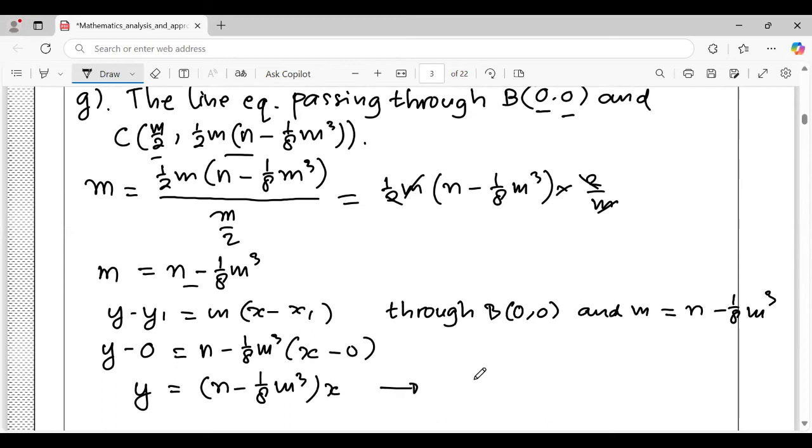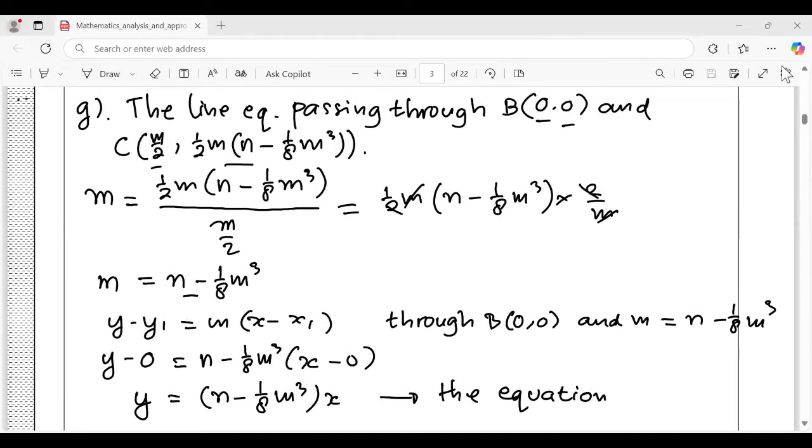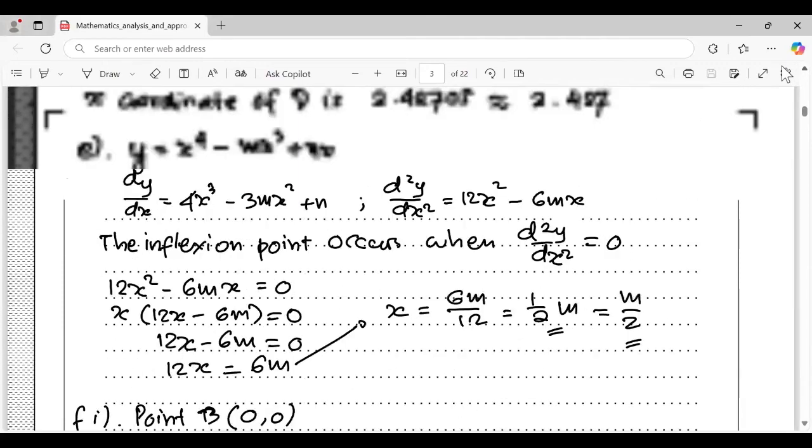So this is the equation of the line passing through B with gradient n minus 1 over 8 m cubed. Next question.